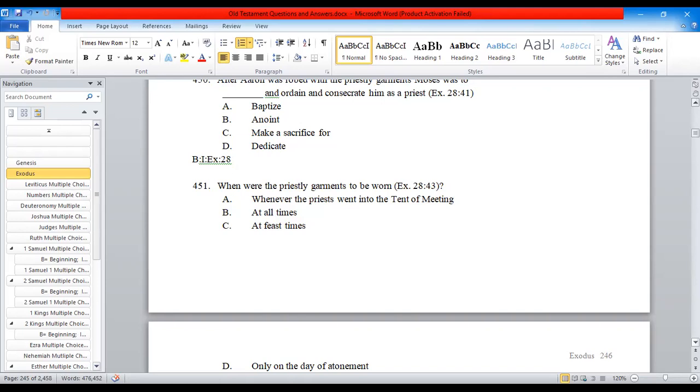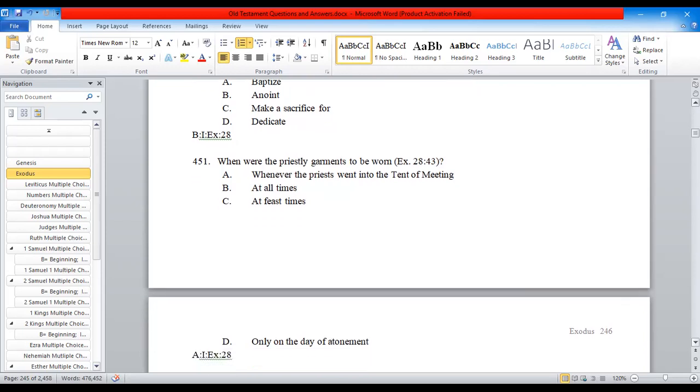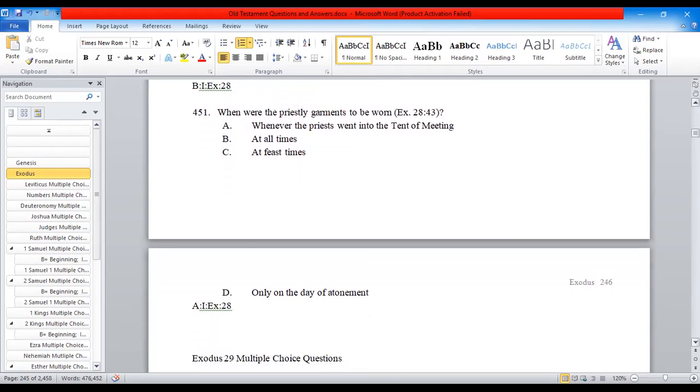So what is the answer? Whenever the priest went into the tent of meeting. Because all the time would mean that even when you're at home, you should be wearing it. But when they're on duty, then they wear it.